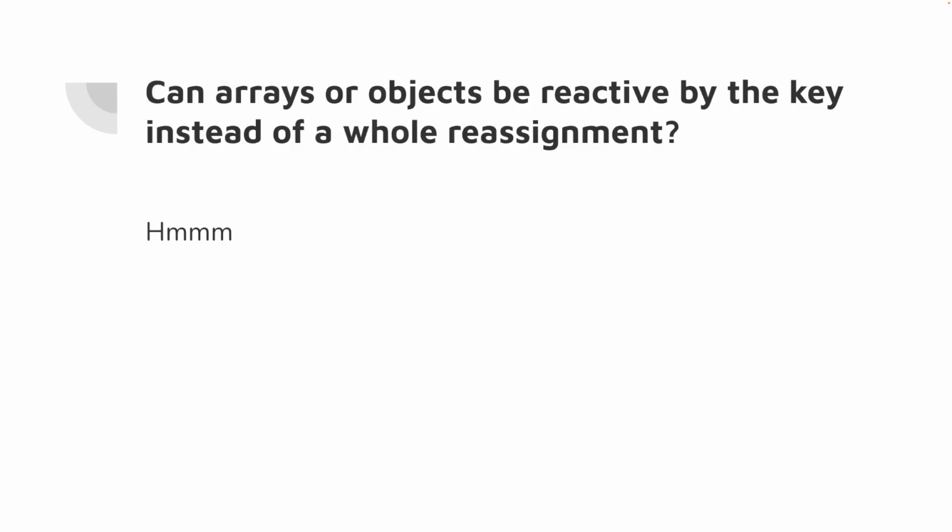So obviously this will make use of some helper function, but you can definitely make arrays and objects reactive by keys instead of the whole object. And it's actually recommended because this way, if you happen to change something inside an array, Svelte doesn't have to re-render the whole list, for example, but can surgically apply something to that specific element.